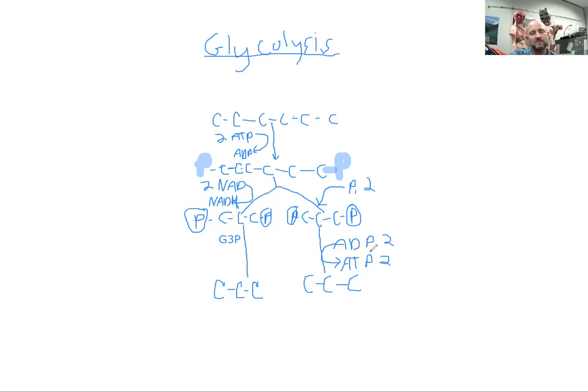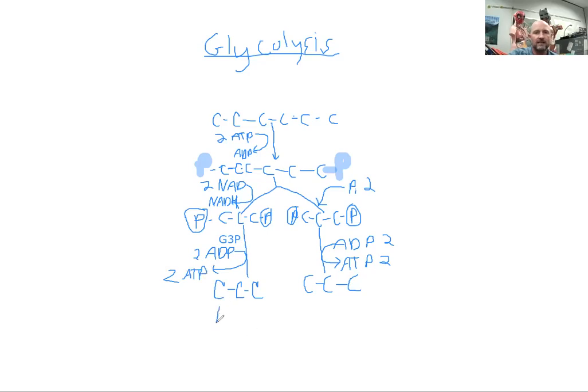So at this point, we now have formed a total of 2 ATP here, and we're going to form 2 ATP on this side. Okay, so 2 ADP are going to come in, and they're going to take both these phosphates, and we are left with 2 ATP.